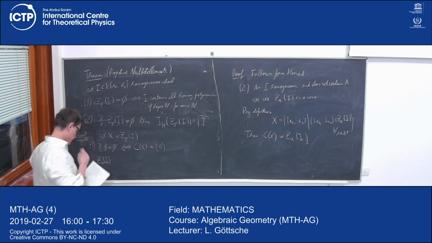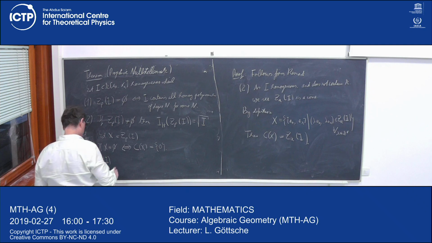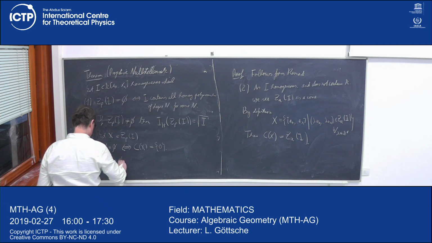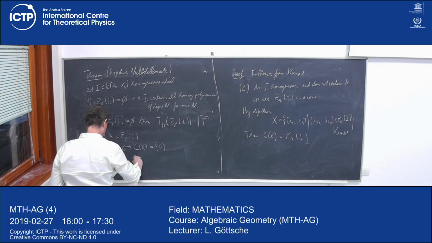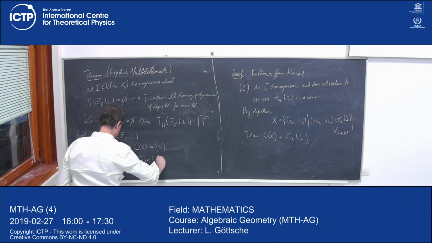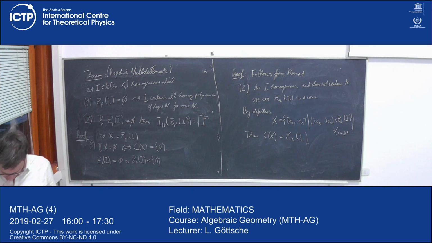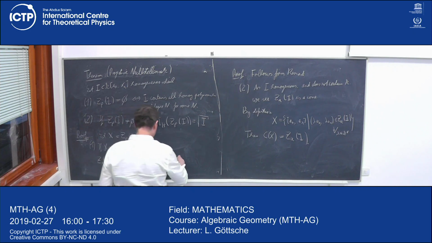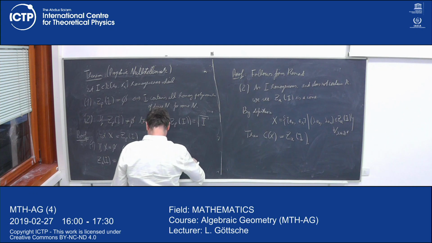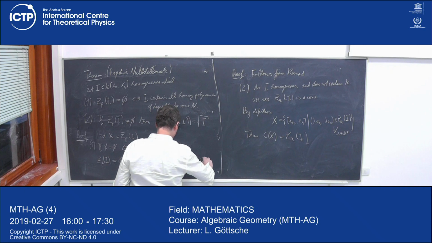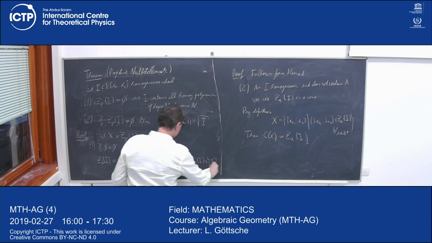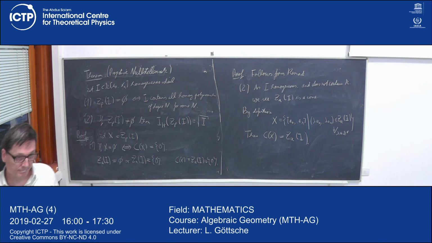So we can only deduce that the affine zero set of I is empty, or the affine zero set of I is 0. Because the cone of X is equal to the affine zero set of I union 0.